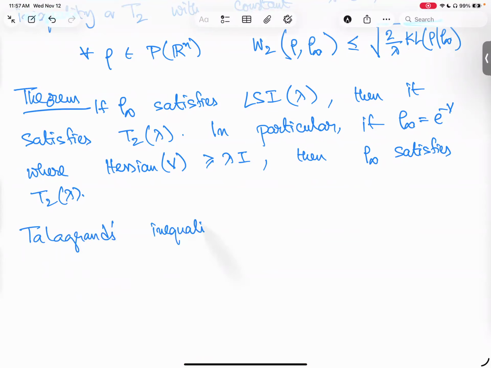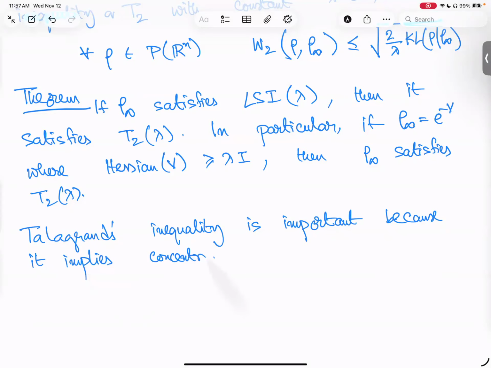Talagrand's inequality is important because it implies the concentration of measure phenomenon.